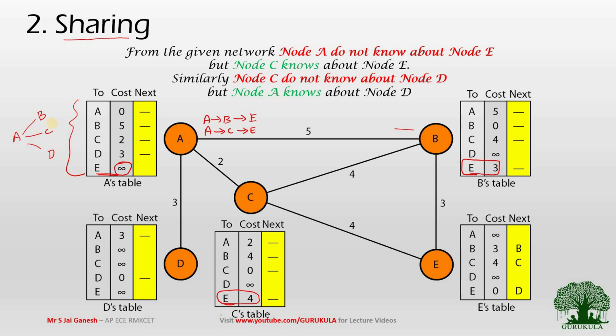This exchange will happen several times. Each and every time a node updates its value, it will send its table to its neighboring nodes.